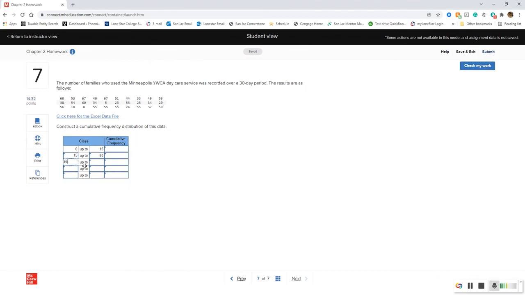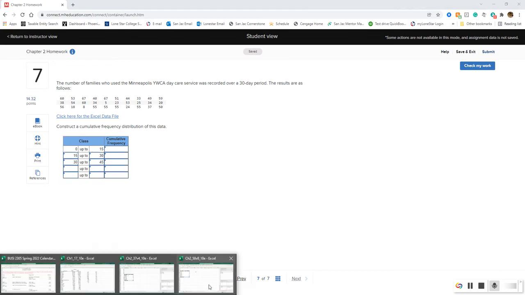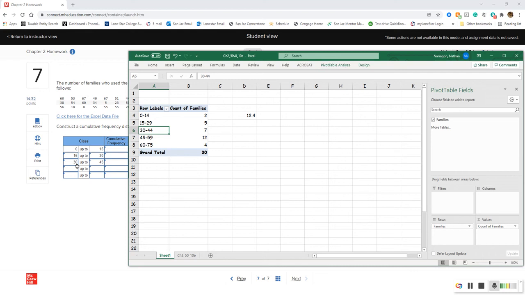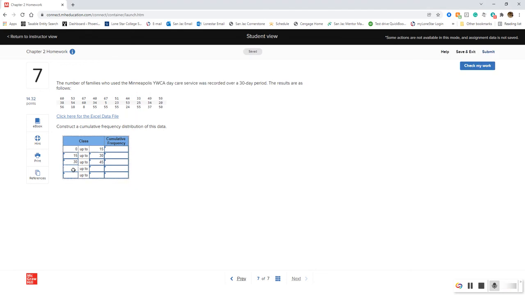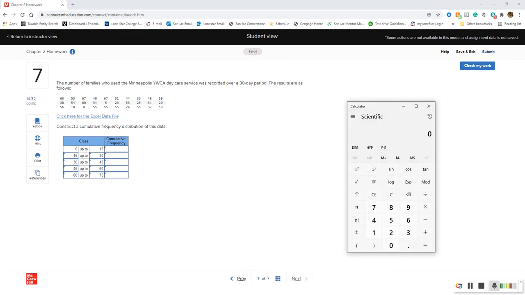So this should be 30 to 45. Then we have 45 to 60, and then 60 to 75.